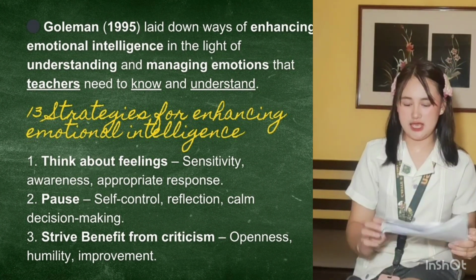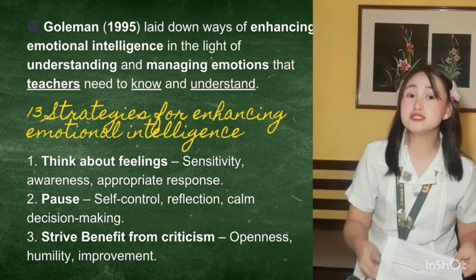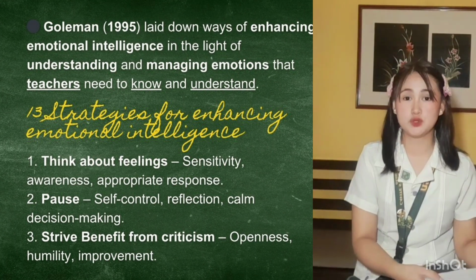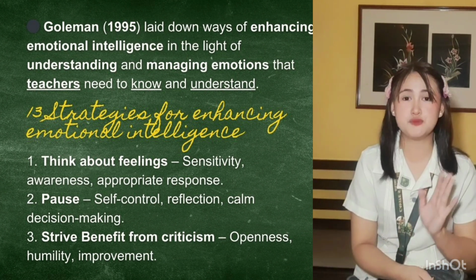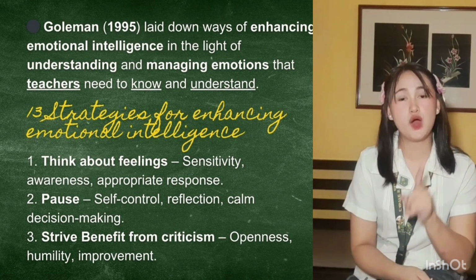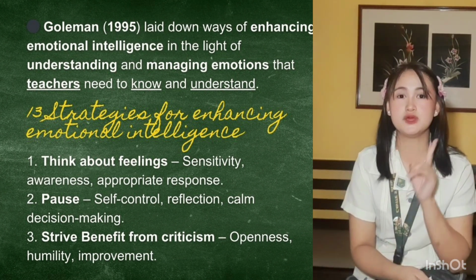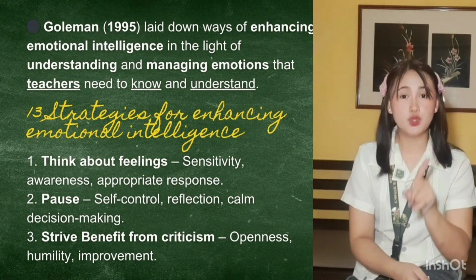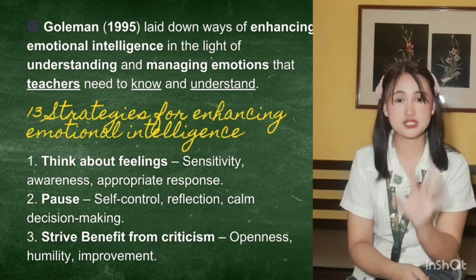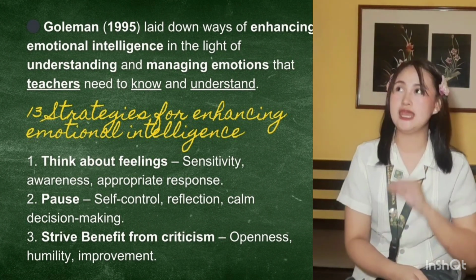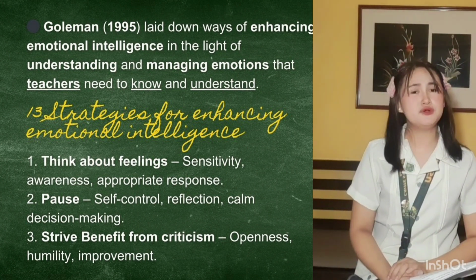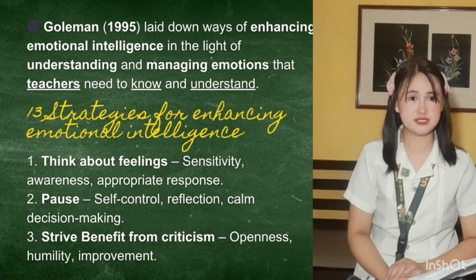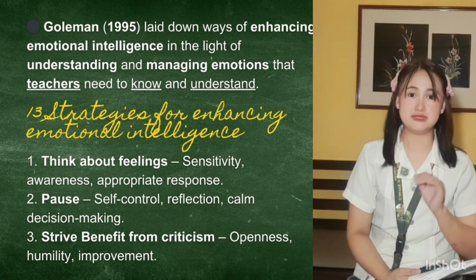Third strategy is strive to control one's thoughts. So this involves controlling the reaction to emotion by focusing on one's thoughts in harmony with goals and values. Meaning to say, don't let your emotions or feelings control your thoughts. Example, if you're really angry because a student didn't follow your instructions, you need to calm down.